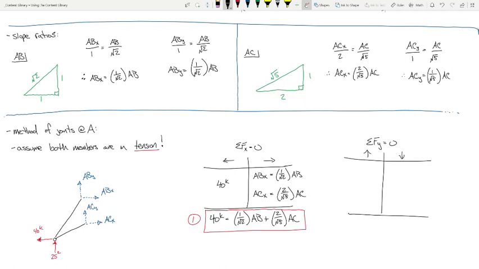Now here's the thing with the sum of the forces in the y direction. All the forces are going up, right? Because we have an ABY, we have an ACY, which is 1 over the square root of 5. Again, that bookkeeping's getting tested a little bit.